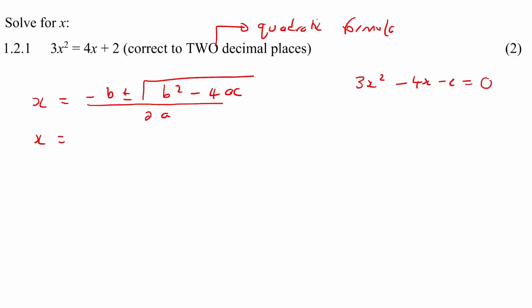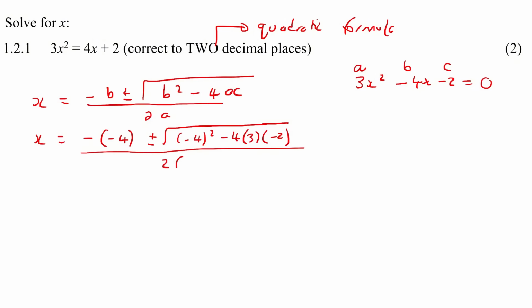Now we know that a is always the term in front of the x squared, b is always the term in front of x, and c is the other part. So go fill that all in. Whenever b is a negative, I always use a bracket: -4. Now a is 3, and c is -2. And then the denominator is 2 times a, which is 3.